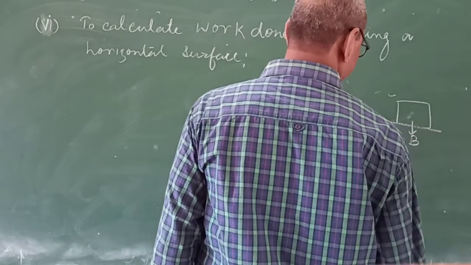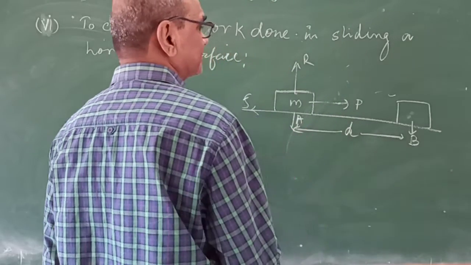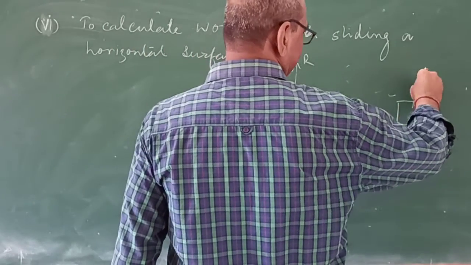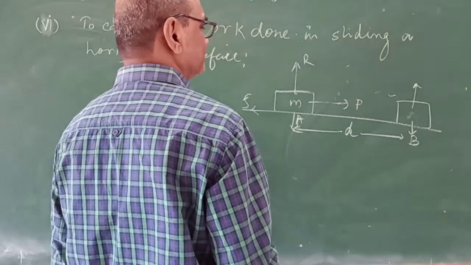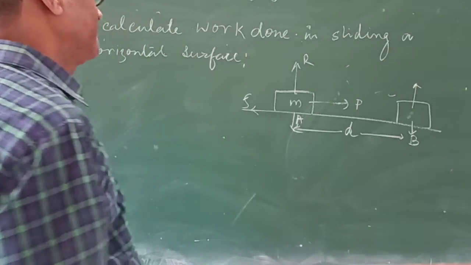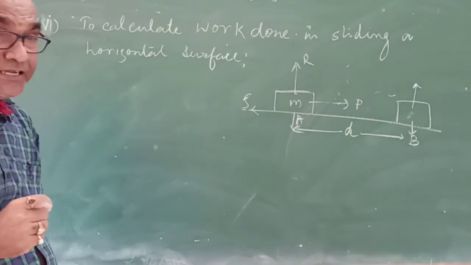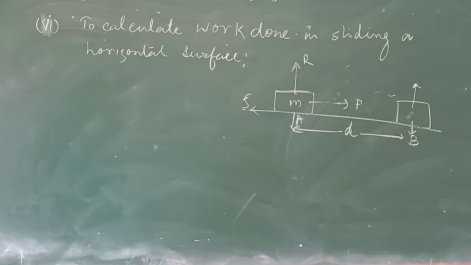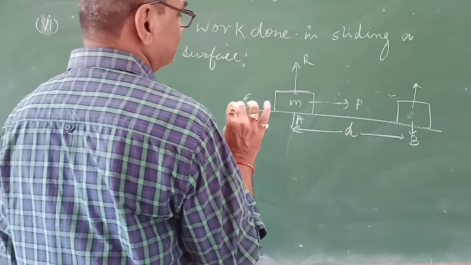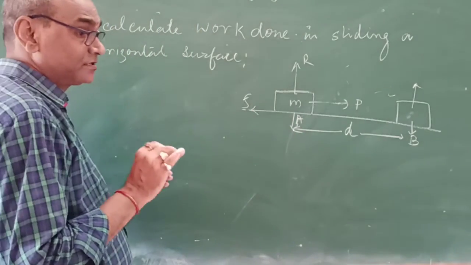Here also the force due to weight acts in the downward direction and the normal reaction acts in the upward direction. The force of friction is equal to the applied force P.